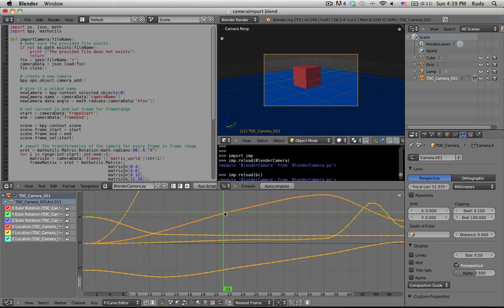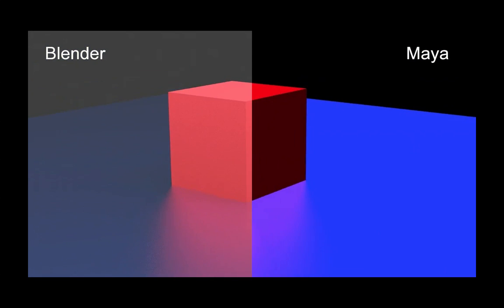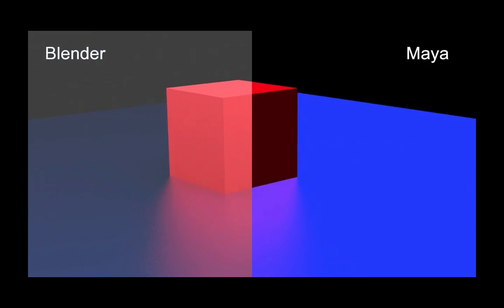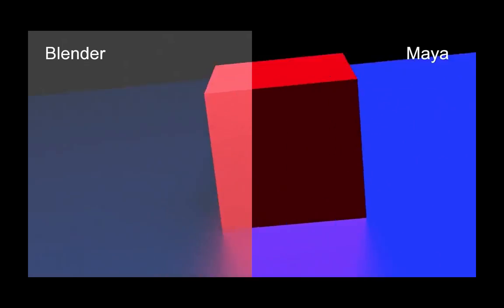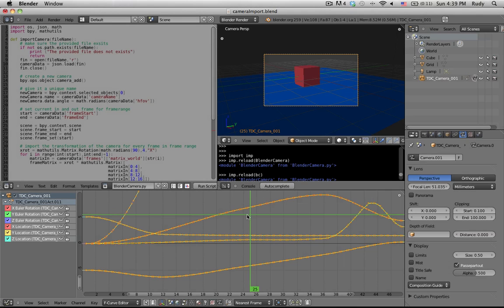And one way you can make sure is you render the sequence in both applications, then you bring them both into a composite, and you do a very simple wipe where you can do an A/B between the two footages. And as you can see on this video right here, things pretty much match. I mean, you can see that the shading is a little bit different, but the location of pretty much every feature is dead on. So there you have it.